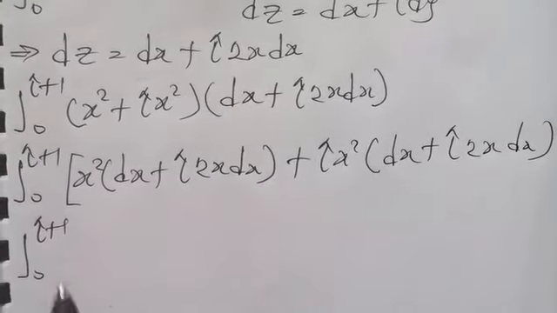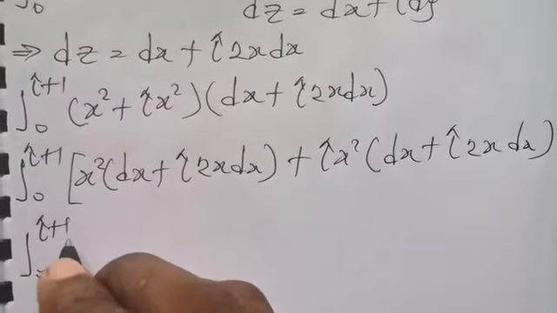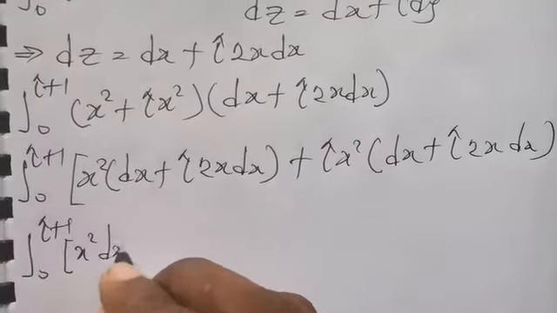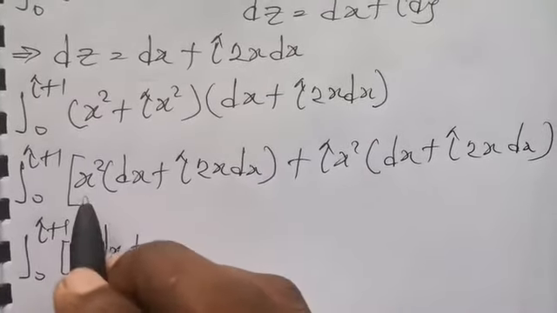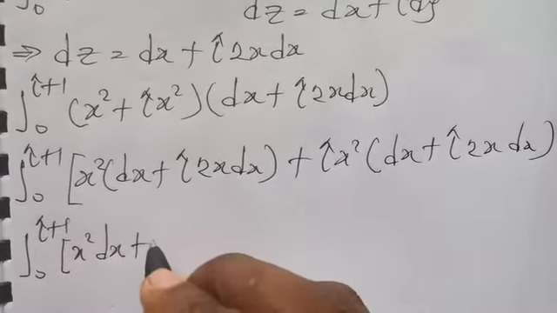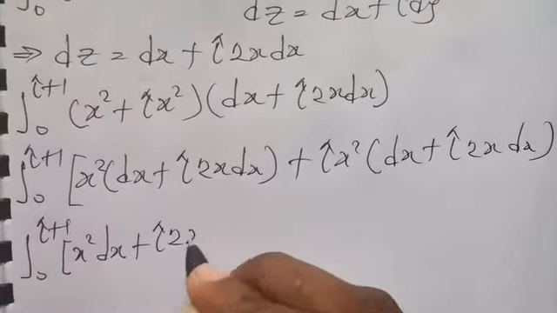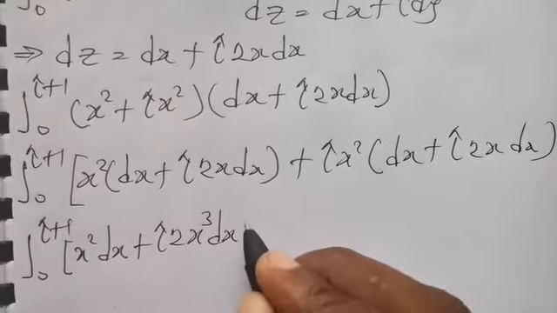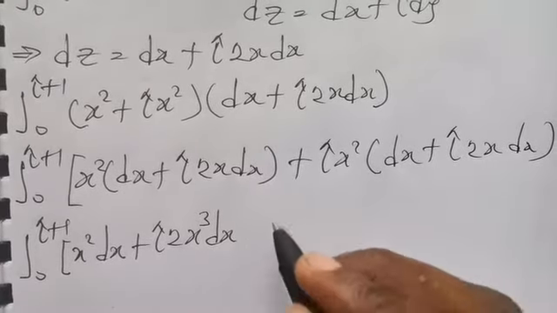So we simply have x squared times dx. This gives us x squared dx plus x squared times i 2x dx. x squared times 2x gives us i 2x cubed dx.